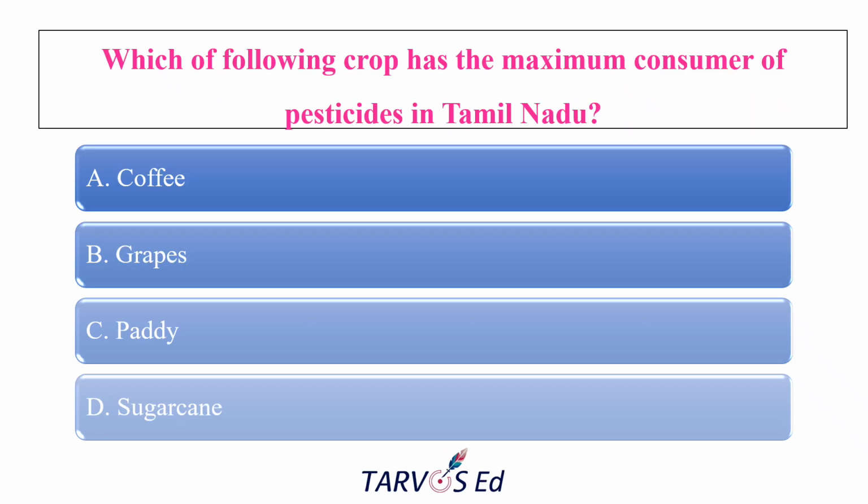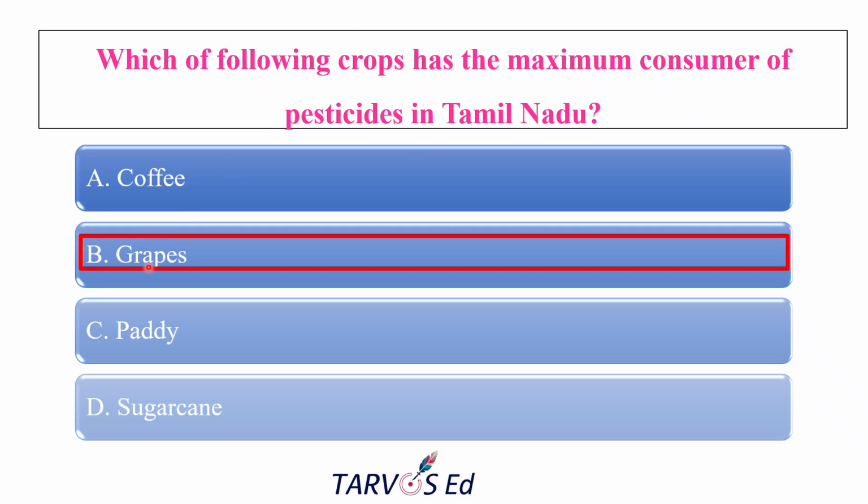And the next question is, which of the following crops has the maximum consumption of pesticides in Tamil Nadu? Option A is coffee, option B grapes, option C paddy, option D is sugarcane. And the correct answer is grapes. Why? Because grapes are among the most heavily treated crops in Tamil Nadu due to their high market value.